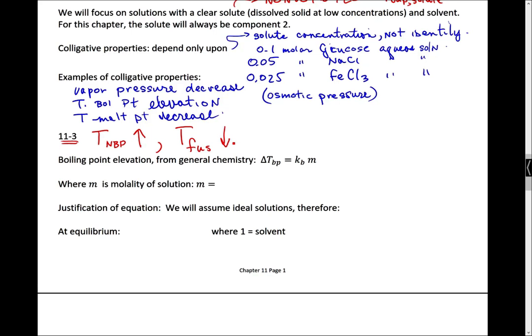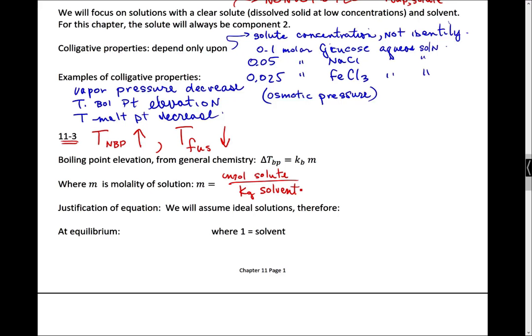In Gen Chem, it's common to see that the change of the boiling point is given by the molality times some constant. I want to make sure that we define molality. We're not going to do calculations with it, but that's the moles of the solute divided by kilograms of solvent.